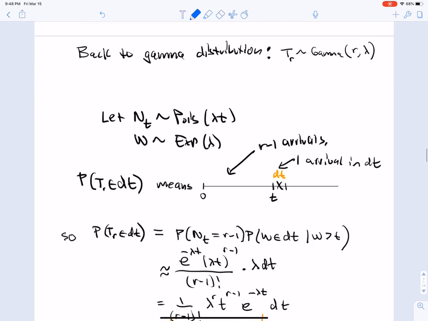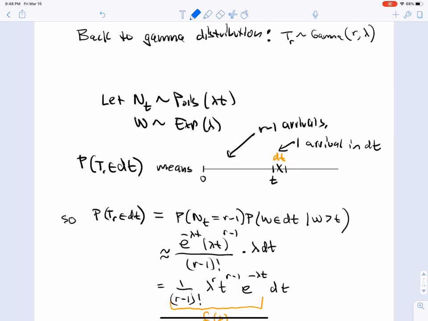So now that we're good with Poisson, let's go back to the gamma distribution. This is the key of the lecture here. If T_r is gamma r, lambda, N_t is Poisson lambda t, and W is exponential lambda, the probability that T_r is in dt, in other words, the probability that the rth arrival occurs in dt, means that I have r minus 1 arrivals before t, and I have 1 arrival in dt.